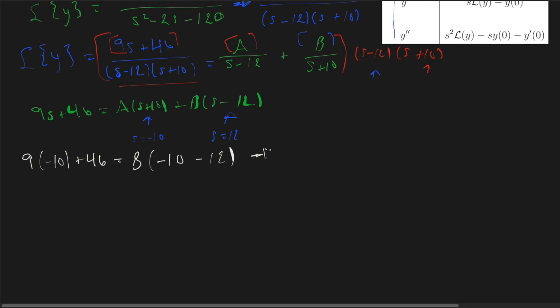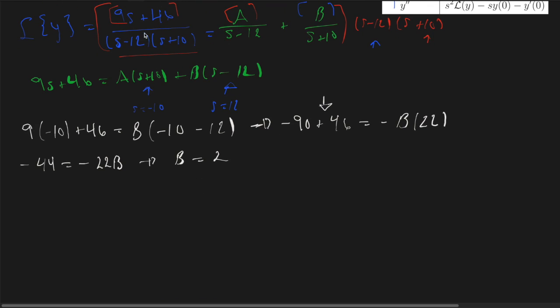And that's going to equal minus 90 plus 46 is equal to minus B times 22. And I just factored out the negative sign. So we're going to get negative 44 is equal to minus 22B. We get that B is equal to 2.